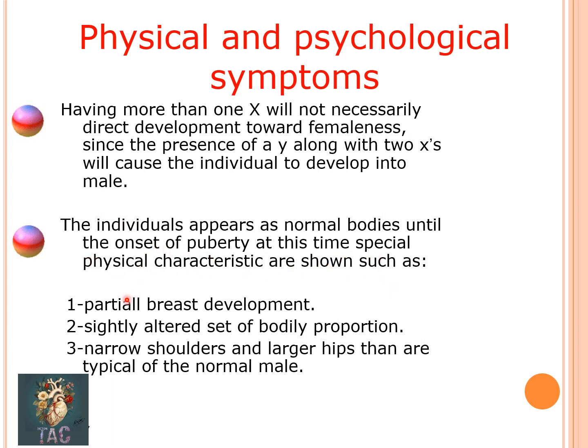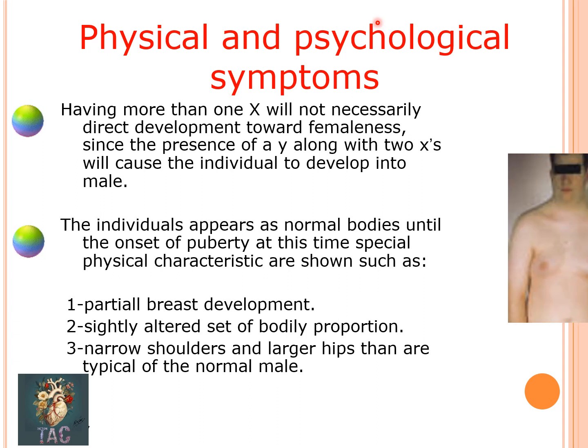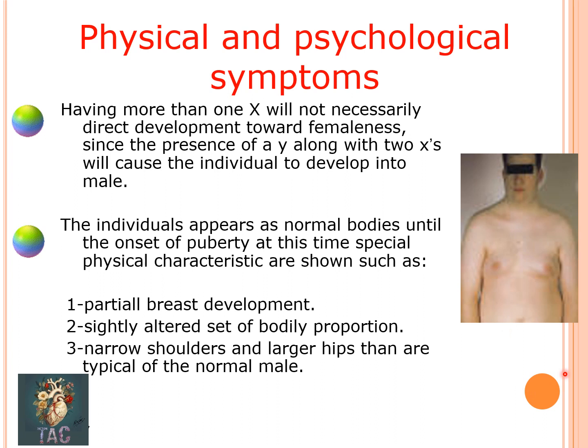At this time, special physical characteristics appear, such as partial breast development, a slightly altered set of body proportions, narrow shoulders and larger hips than are typical of the norm. This diagram shows a male patient having partial breast development and altered bodily proportions.